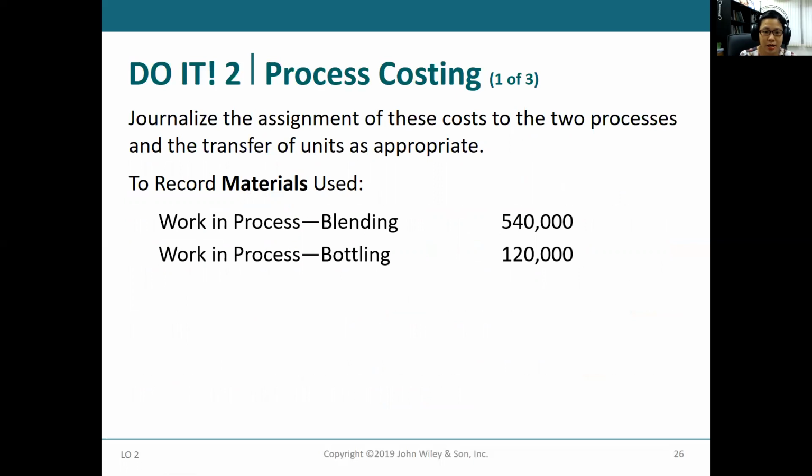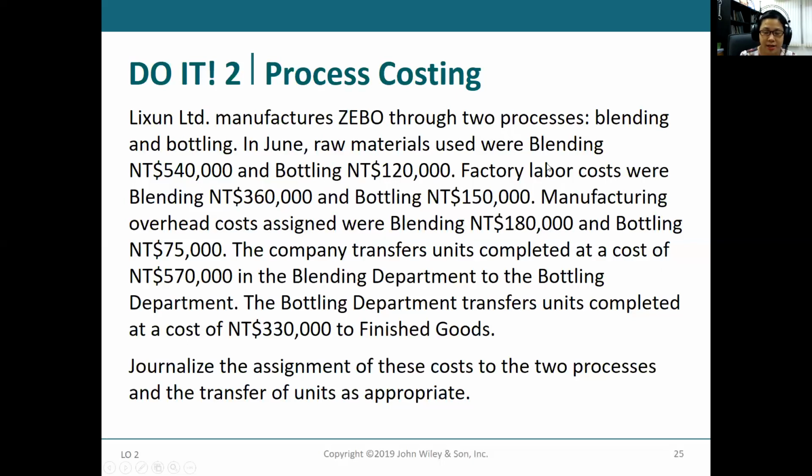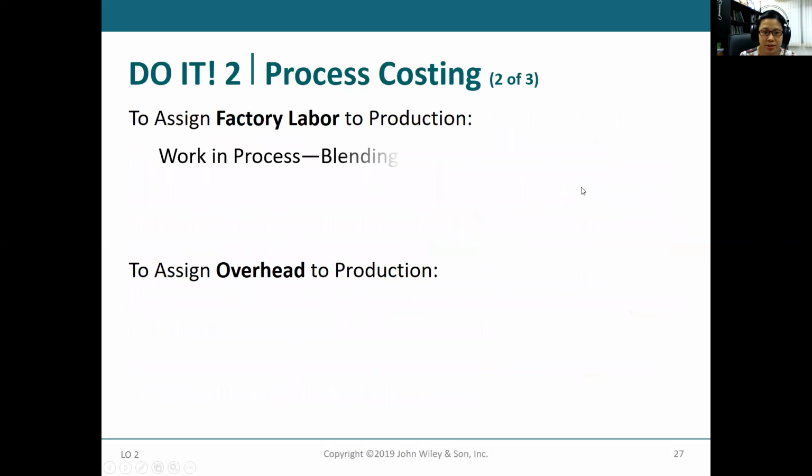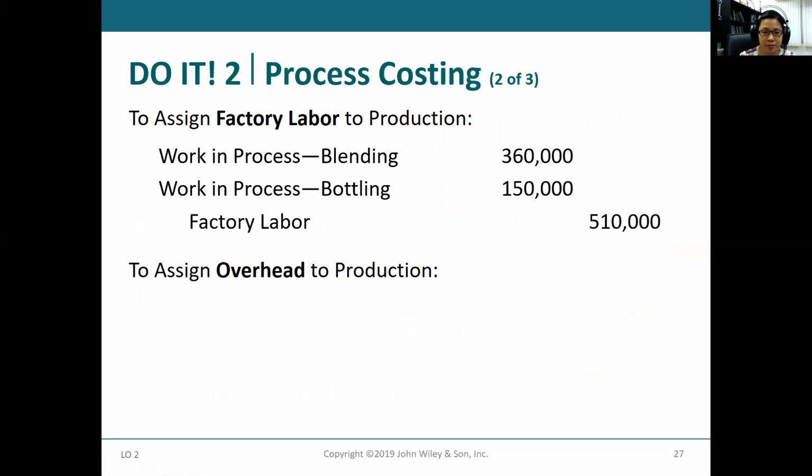Next, the question says factory labor costs were 360,000 for blending and 150,000 for bottling. So we debit work in process for blending 360,000, work in process for bottling 150,000, and credit factory labor for 510,000.